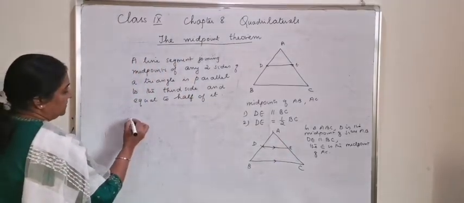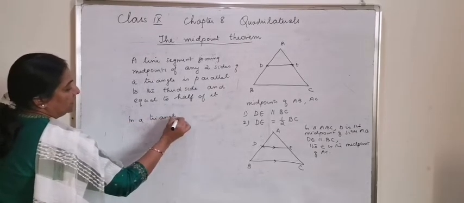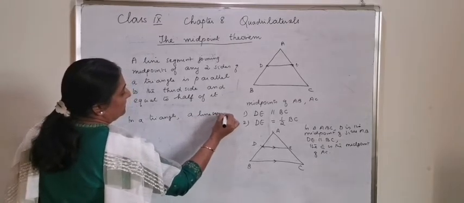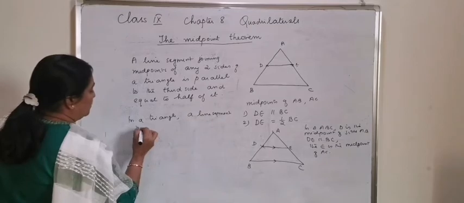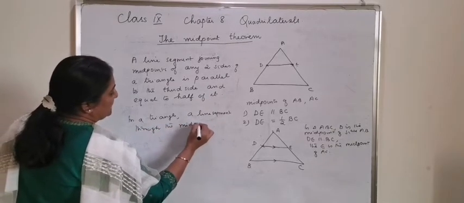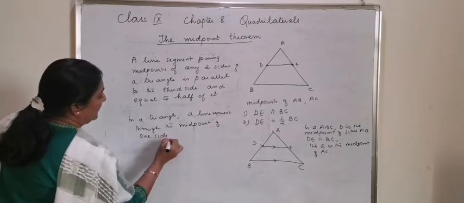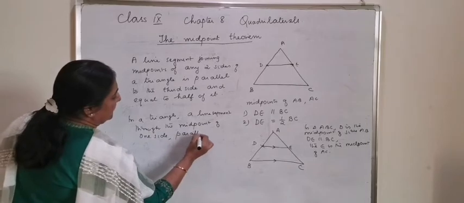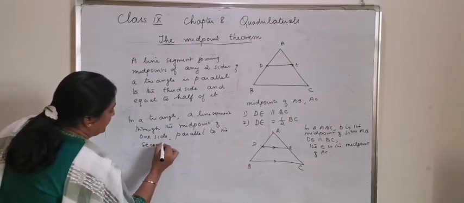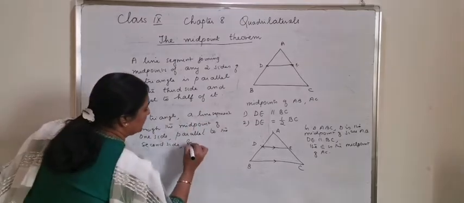The converse statement will be, in a triangle, a line segment through the midpoint of one side parallel to the second side bisects the third side.